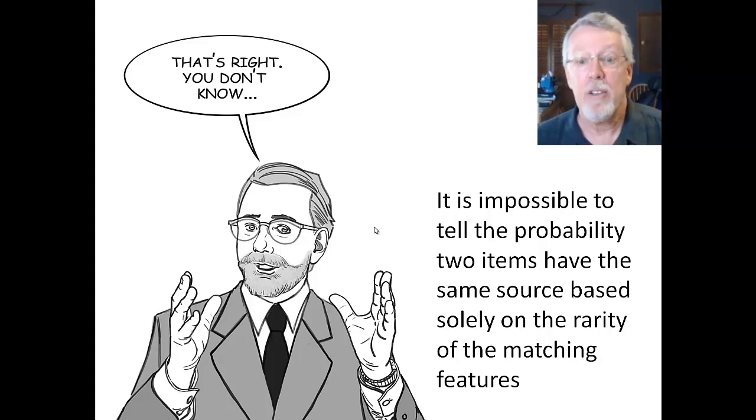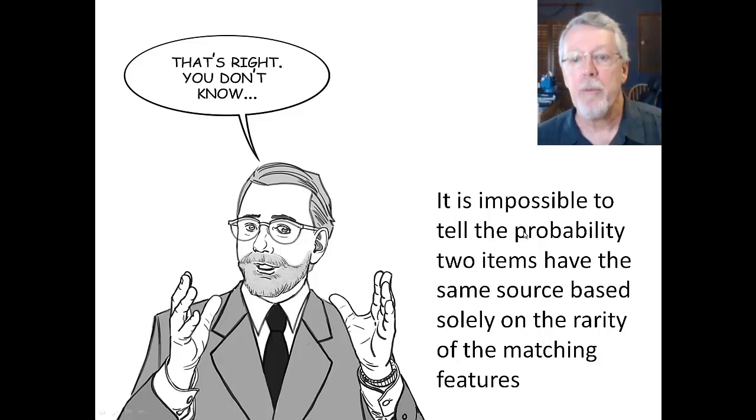What this analysis shows is that it actually is impossible to tell the probability that two items have the same source based solely on the rarity of the matching features. You also have to consider something about the a priori likelihood that they would match, about the other evidence. But then that raises an important question about the logic of forensic inference.